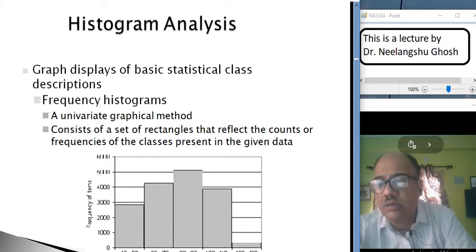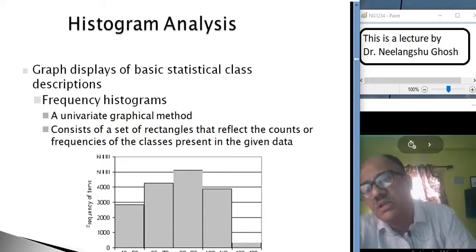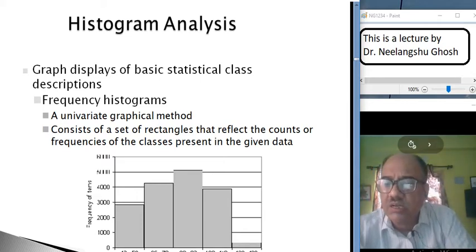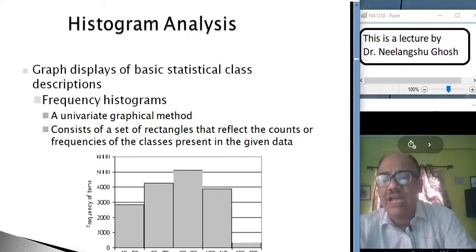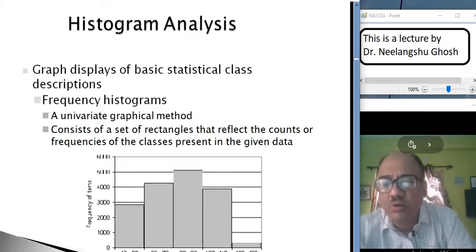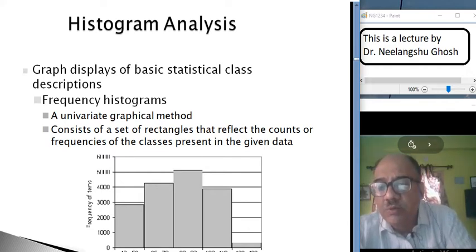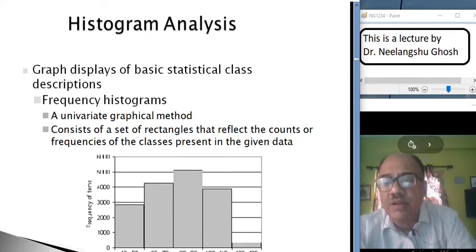Like frequency of items, whatever. In the x-axis maybe there is unit price, and in the y-axis there is the number of units sold maybe. So between 40 to 59, the values are lying between say 2000 to 3000. Then 60 to 79, the values are lying between.